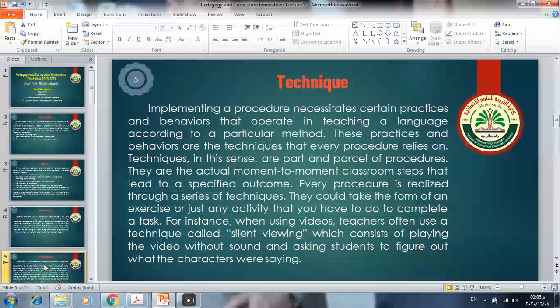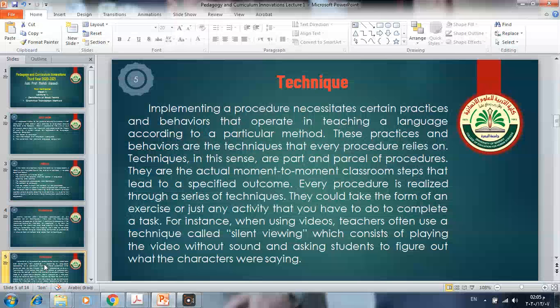They are the actual moment-to-moment classroom steps that lead to a specified outcome. So they are these steps that we should follow to arrive at a specific outcome.